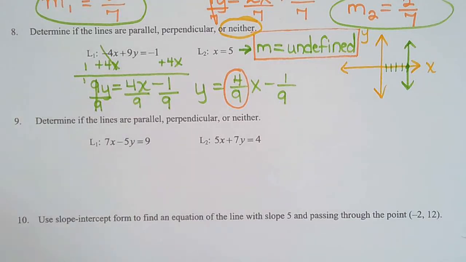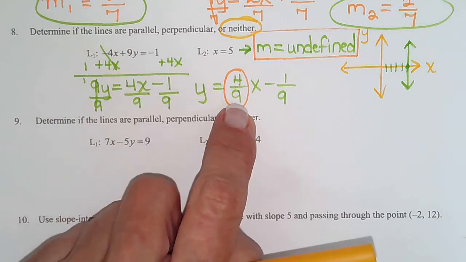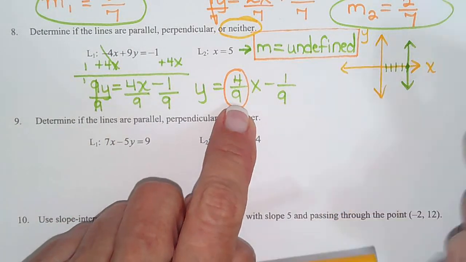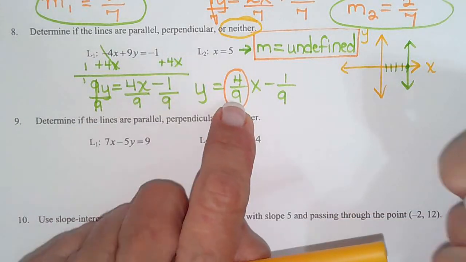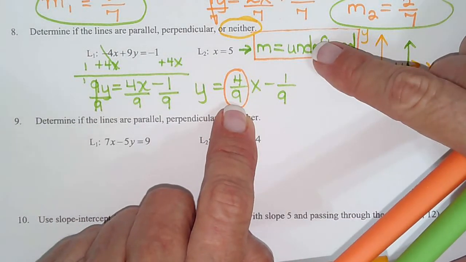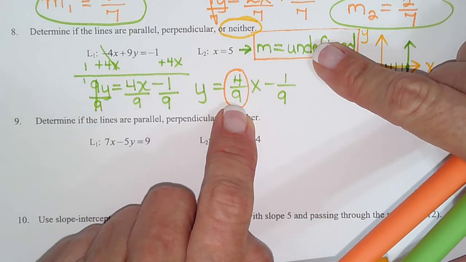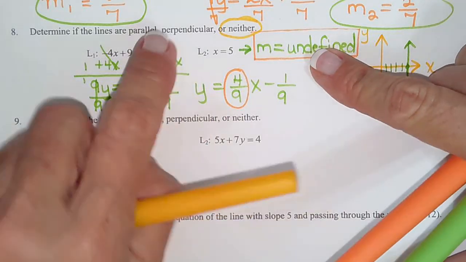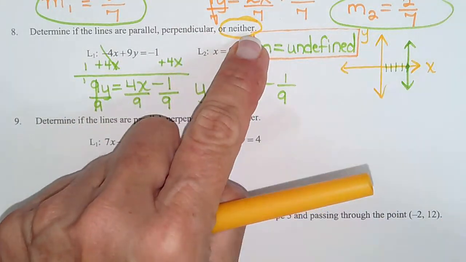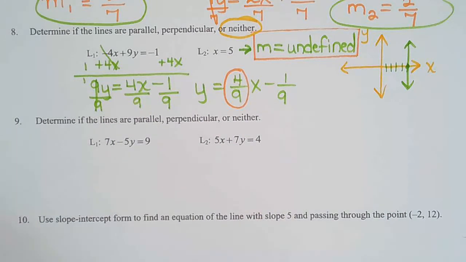It's like by process of elimination, you get that. To be parallel, this would have to be 4/9 and this would have to be 4/9. To be perpendicular, this would have to be 4/9 and this would have to be negative 9/4. So since it's not this and not this, by process of elimination, it's neither.